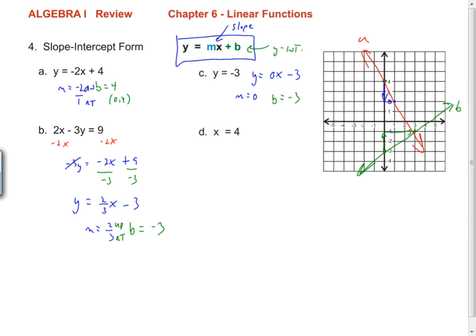Okay, if I were to graph this, I would go to negative 3. I'm going to do this one in blue. I would go to negative 3 on the y-axis and put a point. But then, knowing that this is a horizontal line, I would draw a horizontal line through that y-intercept of negative 3. And again, the reason is, no matter what point you pick on this horizontal line, the y-coordinate is negative 3.